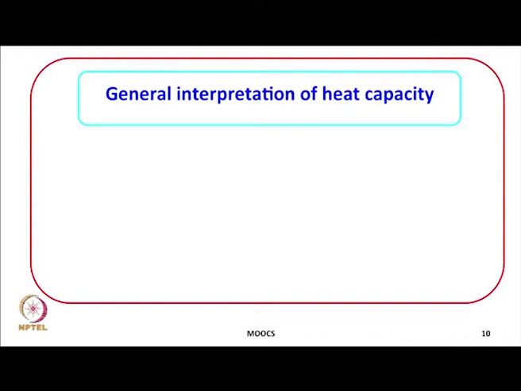So, finally, as I said, Cp and Cv are very important thermodynamic quantities. How do we generally interpret heat capacity? The general definition is the amount of heat required to change the temperature by 1 Kelvin.